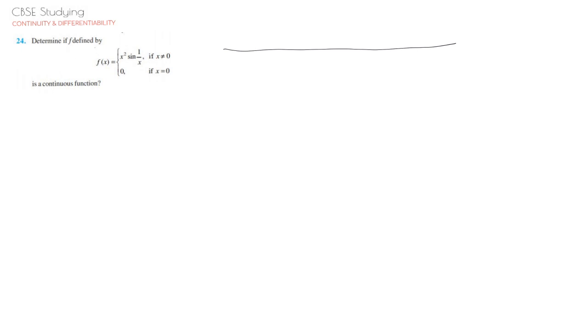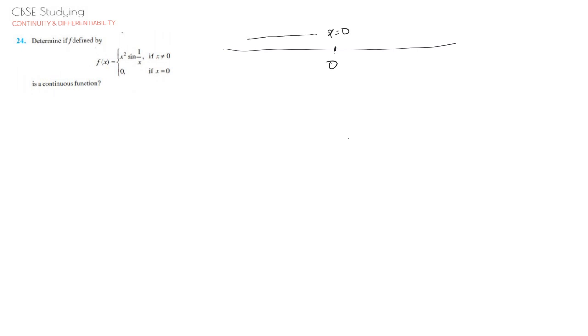Okay, the next question, f of x is equal to x square sine 1 by x if x not equals to 0 and 0 if x equals to 0. Now, do you see we don't have a greater than or a lesser than over here? We have x not equals to 0. What does that mean? Imagine that this is your number line, right? You have 0, value of x equals to 0.